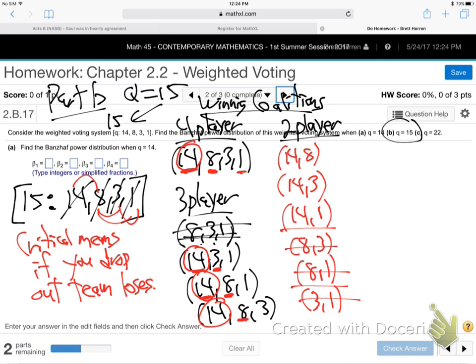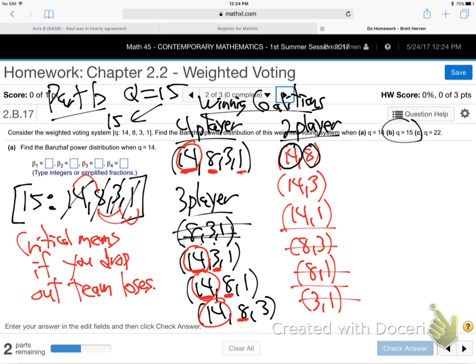Let's go to the 2-player teams now. If 14 doesn't show up, there's a winning team right now, 22. That's 15 or more. 14 doesn't show up, obviously they lose. They've only got 8. How about the 8? If the 8 doesn't show up? Both critical. If the 8 doesn't show up, they lose also. That 14 needs the 8, if it's just 2 of them.